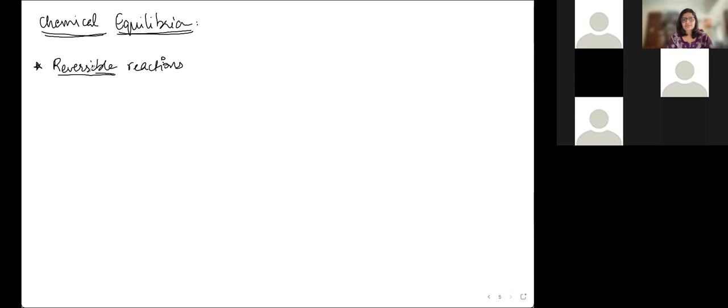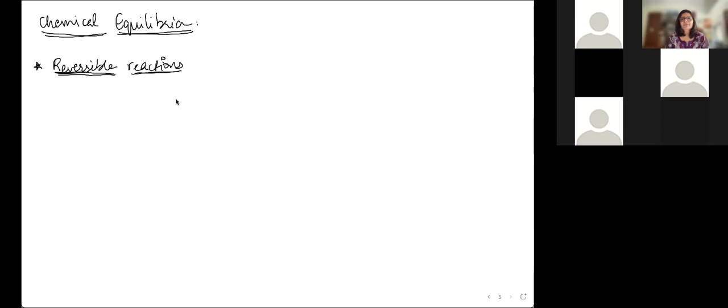You have heard of it. What do you mean by reversible reactions? Reactions where you can obtain the reactants back from the product.